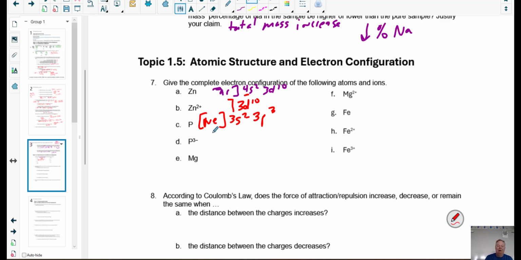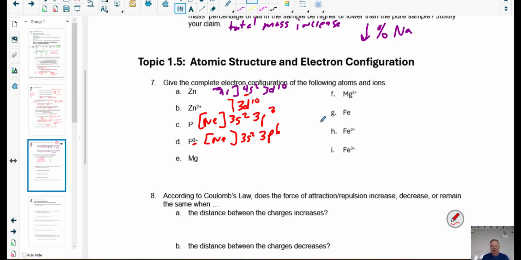Right? And then here we know negative means we're adding, so that's going to be neon 3s2, adding 3 to the outside energy, so 3p6. And then magnesium +2, so I know +2 means we're removing 2, so instead of it being 3s2, this is going to remove those 2 outside 3s electrons, and so forth and so on.